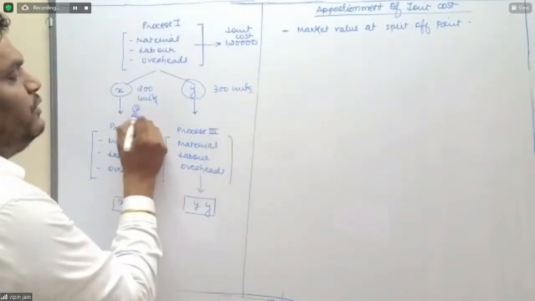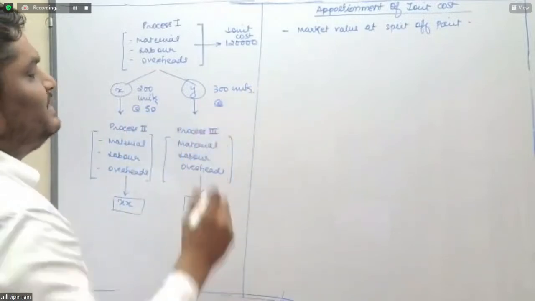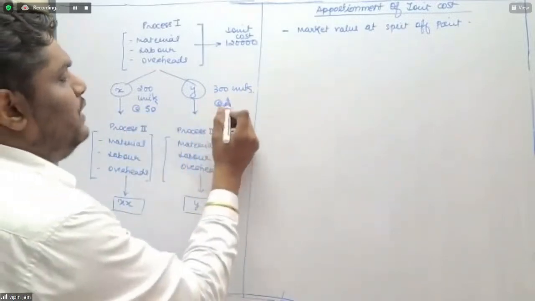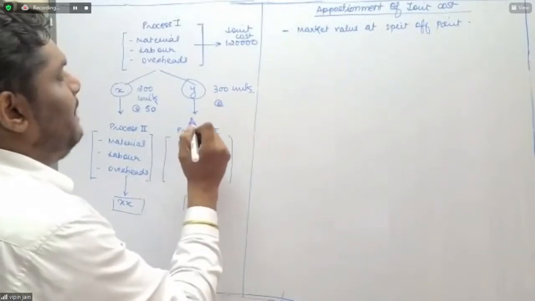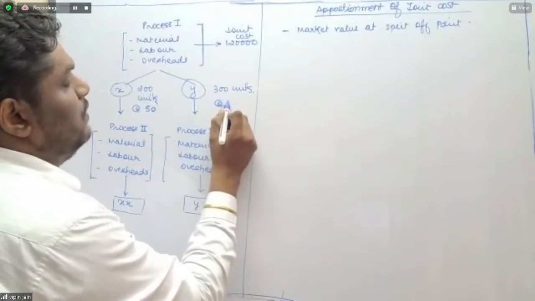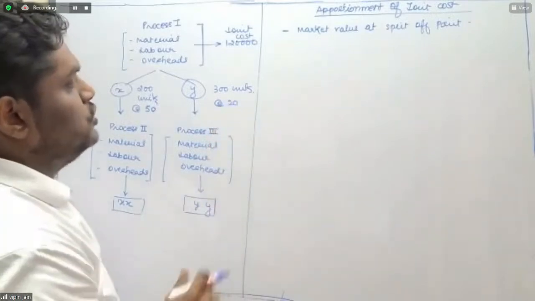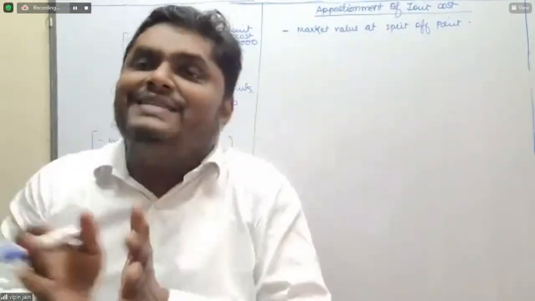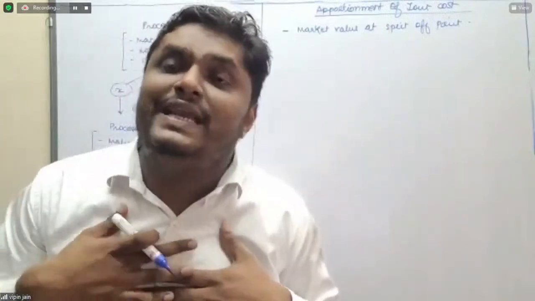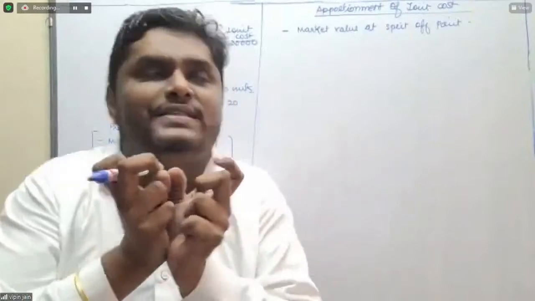Now these 200 units can be sold at 50, and these 300 units can be sold at, let's say, 20. Since X and Y have an active market, even though we are not selling but our competitors are, we have the market value of X and Y.